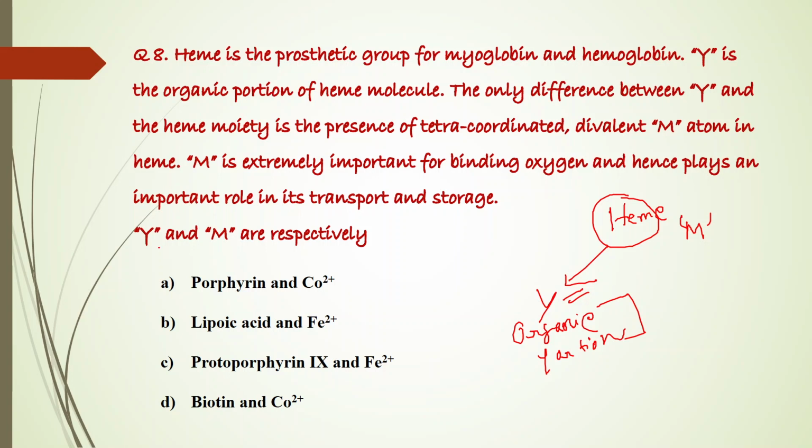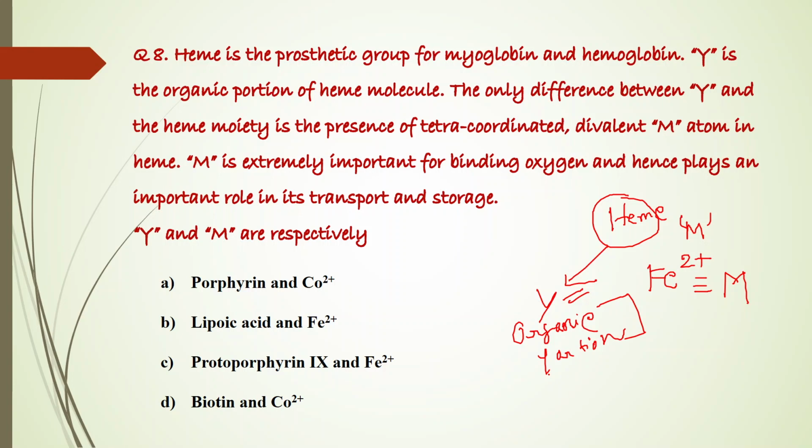We all know what heme is. It is basically talking about hemoglobin. In the case of hemoglobin, the metal part is, we all know, Fe2+. And the organic part is the porphyrin ring, otherwise known as protoporphyrin 9, where the four pyrrole moieties are attached together.